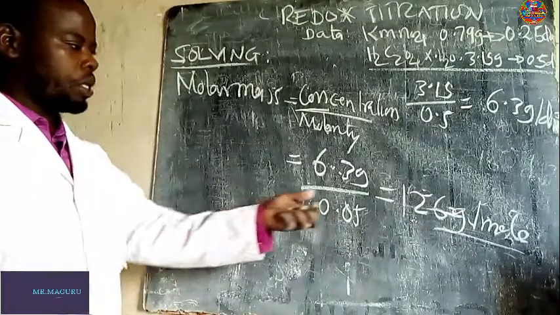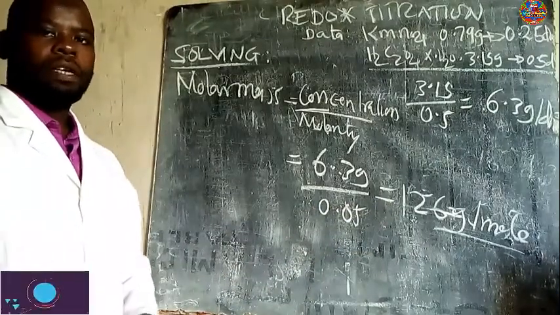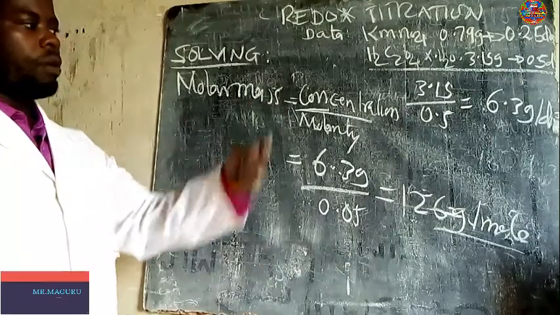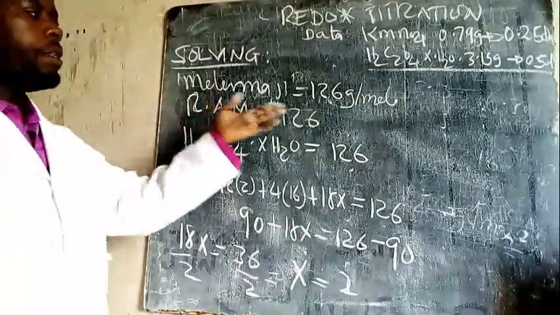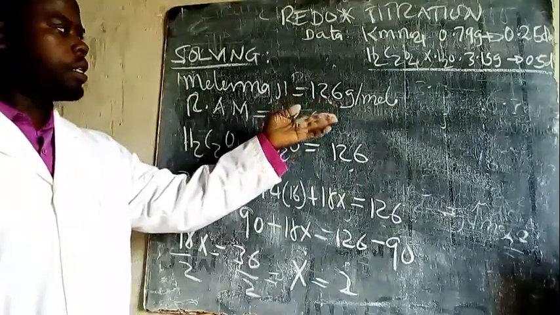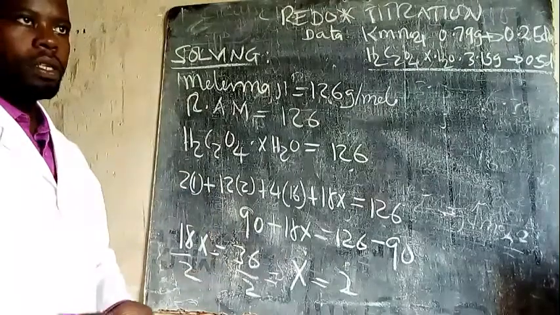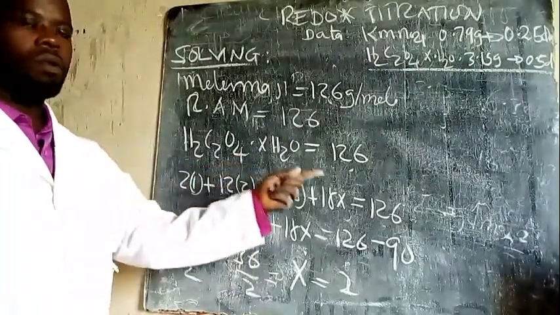So we are going to use this molar mass, without the SI unit, as the relative atomic mass. Then we are going to use it to solve the whole compound. So the molar mass is 126, relative atomic mass is 126. And then we are going to use this one to solve this one.